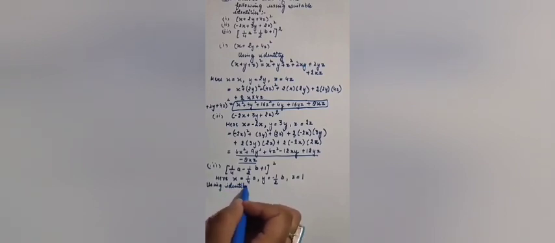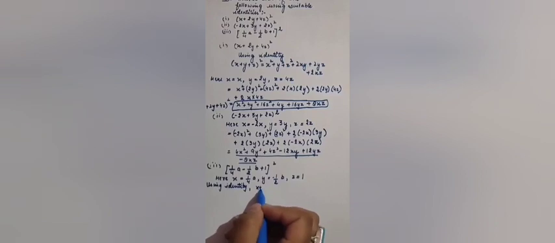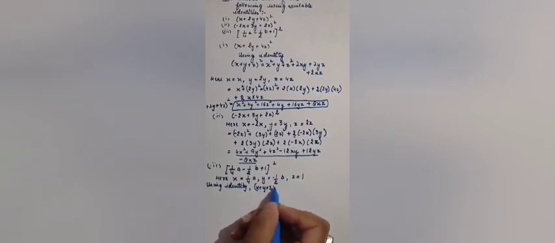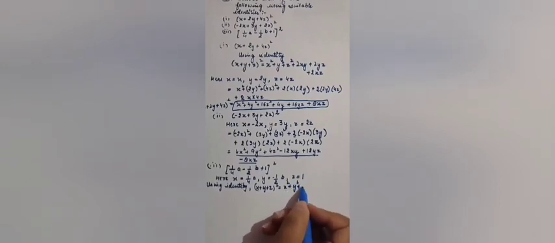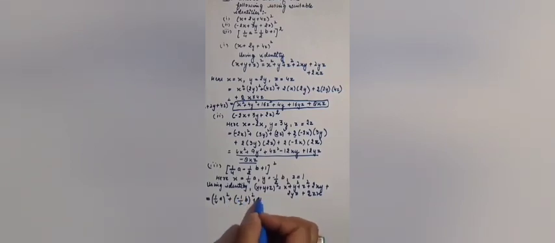Using identity, x plus y plus z whole square is equal to x square plus y square plus z square plus 2xy plus 2yz plus 2zx. Now just apply the formula here. So it will be 1 by 4a whole square plus minus 1 by 2b square plus 1 square.